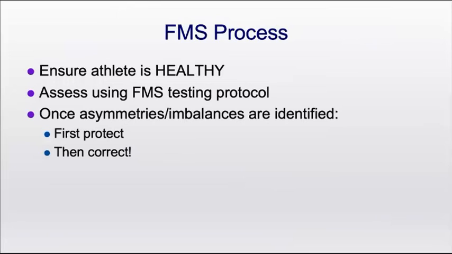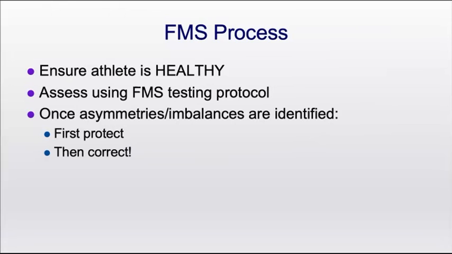From a global perspective, if we take a step back and look at how the FMS works, item number 1 is: is the person healthy? If they're healthy and they're active and they're an athlete, then they're likely able to be run through the FMS. This is where you can assess them using the FMS testing protocol, which we're going to go through in extreme detail.